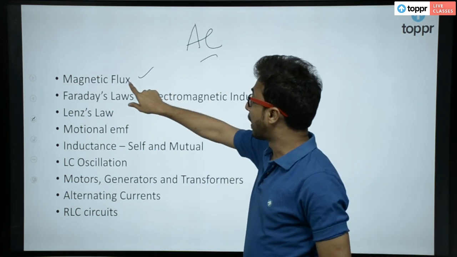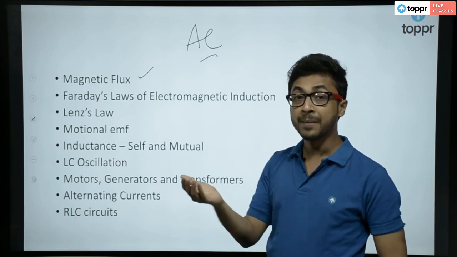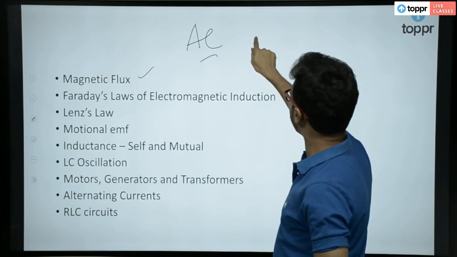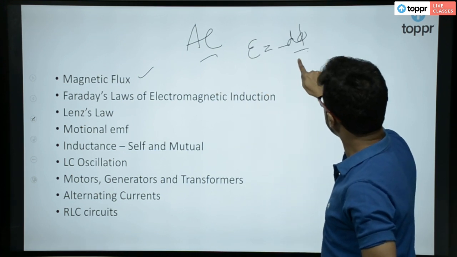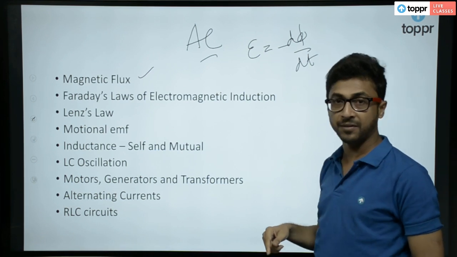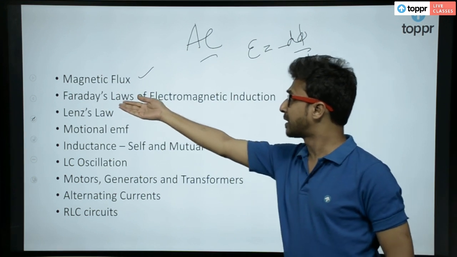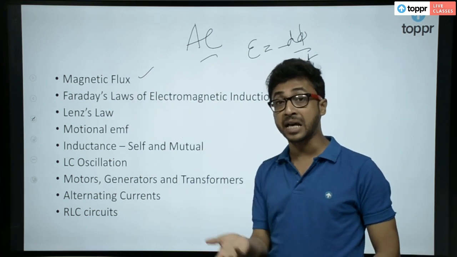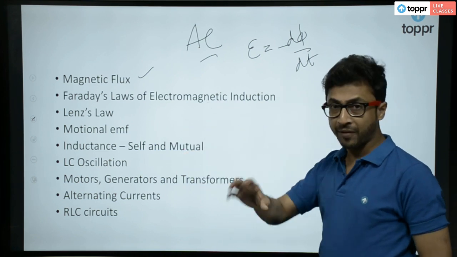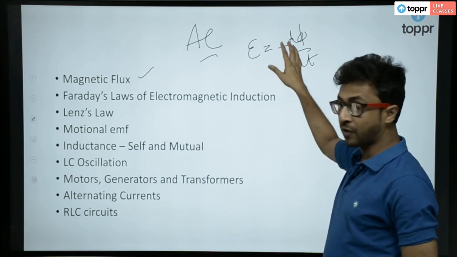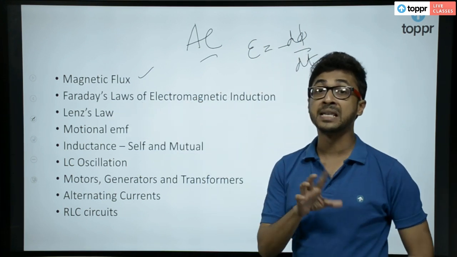If the magnetic flux changes, it develops an EMF. We'll use the basic formula, E equals minus d phi by dt, where phi is the magnetic flux, which comes under Faraday's laws of electromagnetic induction. So we are inducing EMF and also a current by this formula. This minus sign leads to the concept of Lenz's law.